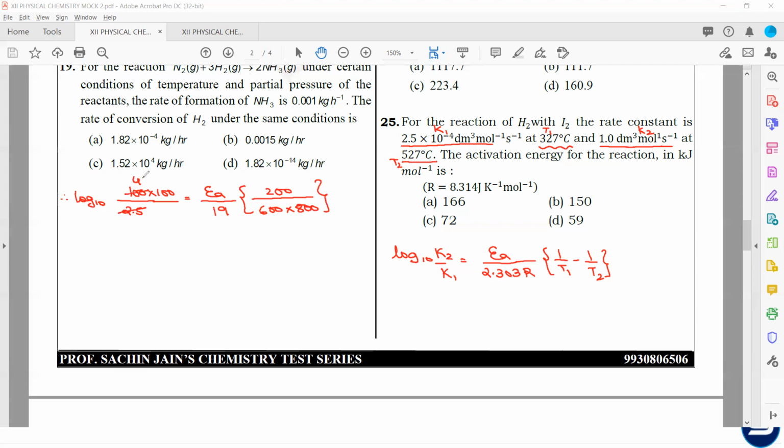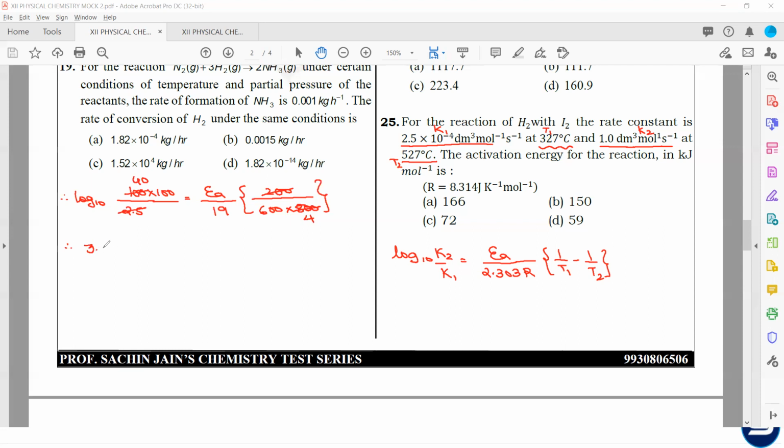This will become 4,000 times. What is log of 4,000? It will be 0.6 plus 3, that is 3.6.